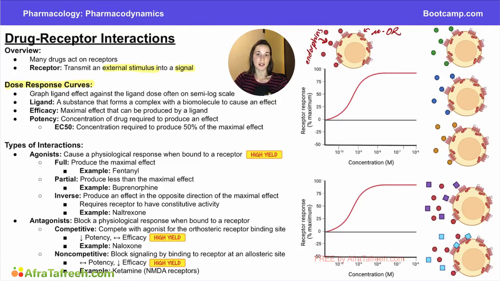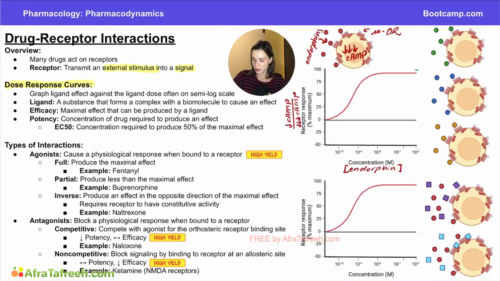A major secondary signaling effect of ligands binding to Gi-coupled receptors like the mu-opioid receptor is a decrease in cyclic AMP production. So if we define the y-axis as the decrease in cyclic AMP levels over the maximal amount of decrease in cyclic AMP levels that maximal signaling of the receptor would produce, we can see that as endorphin concentration goes up, the signaling of the opioid receptor increases until it hits a plateau.